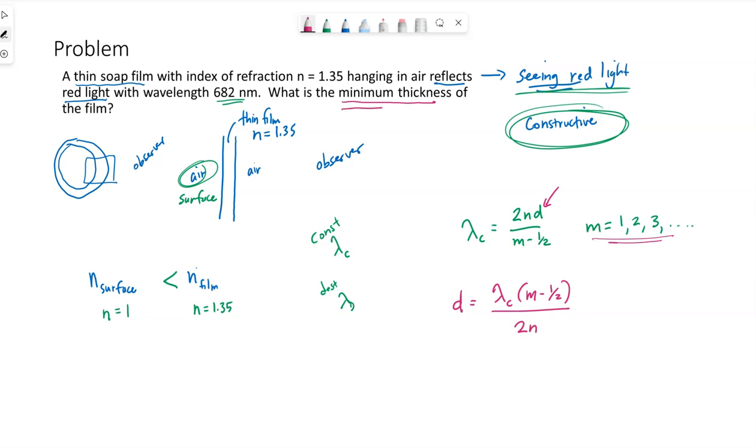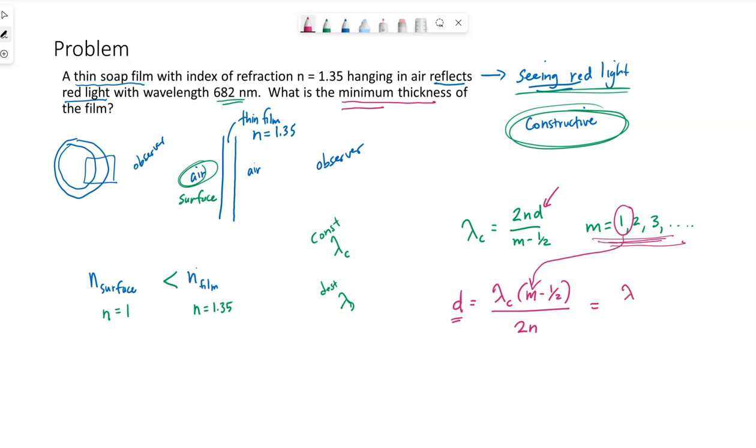But they want the minimum thickness. The smallest value of D as we vary m is going to be the smallest value of m. If we put in a larger value of m, we will get a larger value of D.